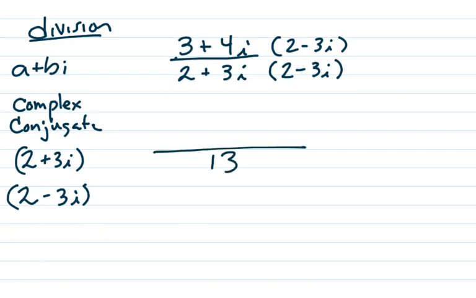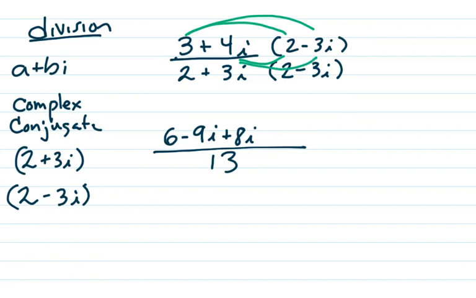What about on the top? We have 3 times 2 is 6, sorry. First, 6. Outside is negative 9i. Inside is plus 8i.